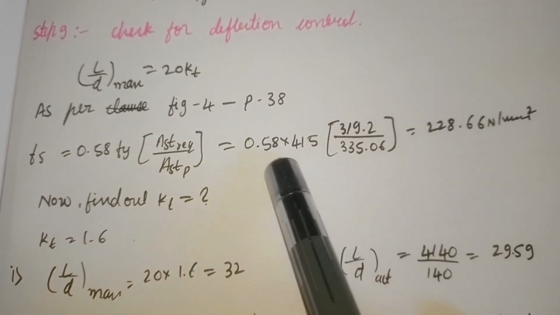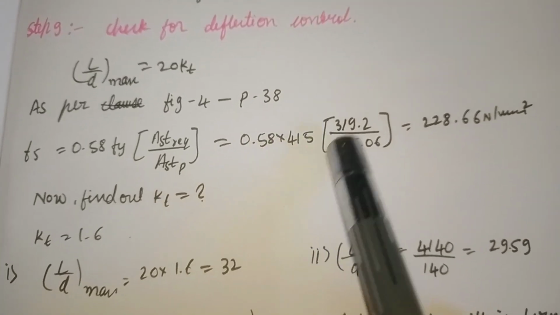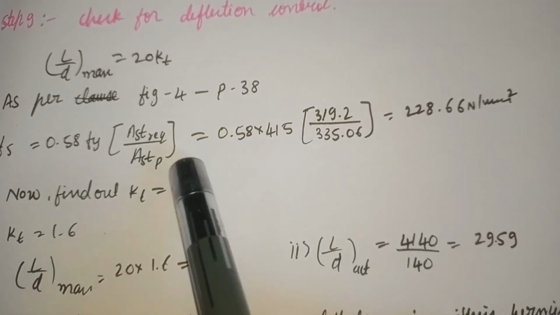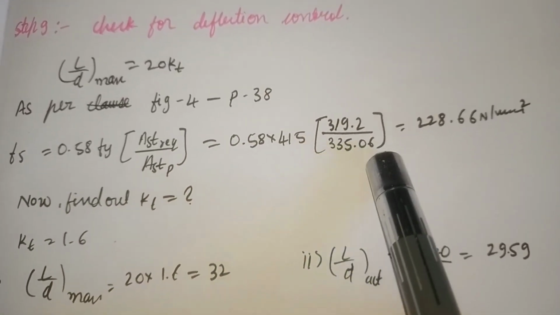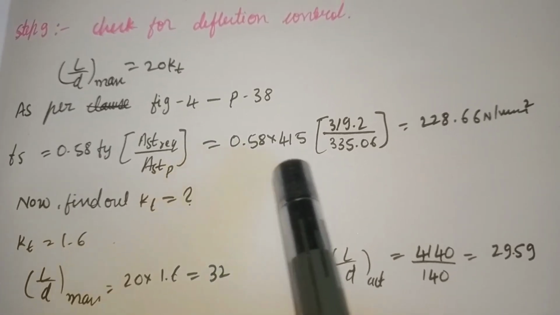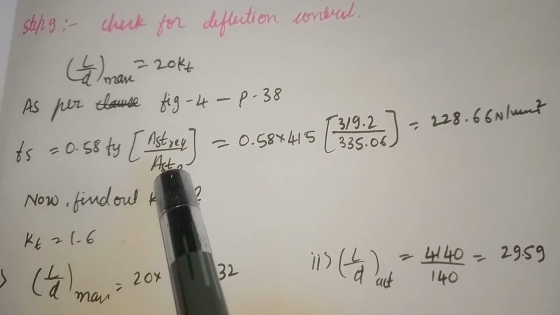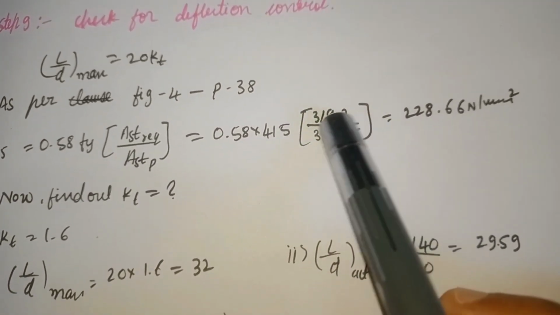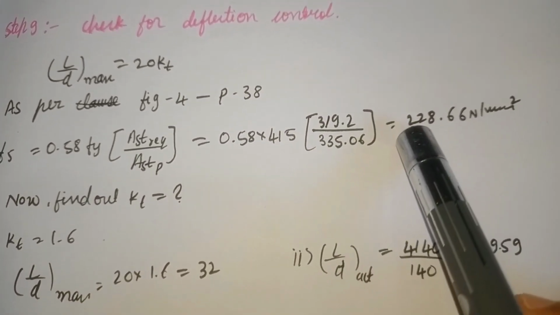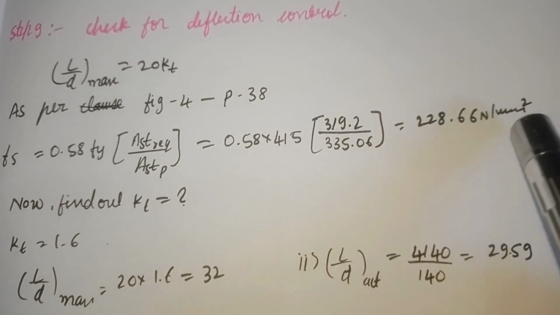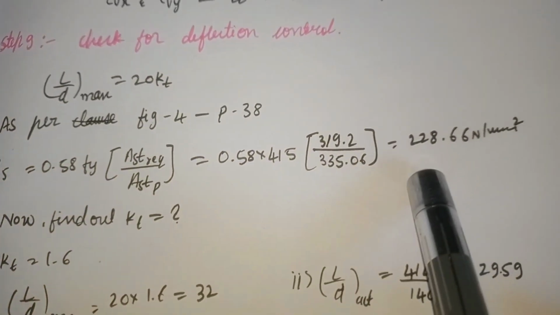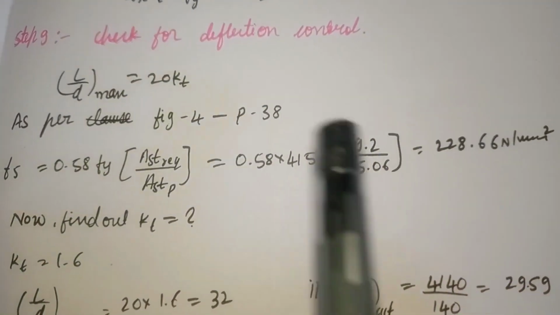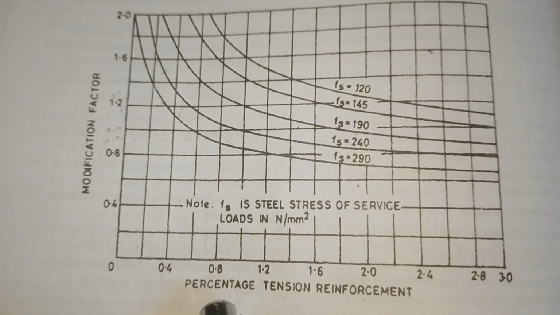Substitute all the values: 0.58 into fy is 415, Ast required is 319.2 divided by Ast provided is 335.06. Here I am using the Ast required for the shorter span as well as the Ast provided of the shorter span. By simplifying, it will come out as 228.66 Newton per mm square as the Fs value. Now, using this value and with the help of PT we will calculate the KT. We will see. Our PT value was 0.23.